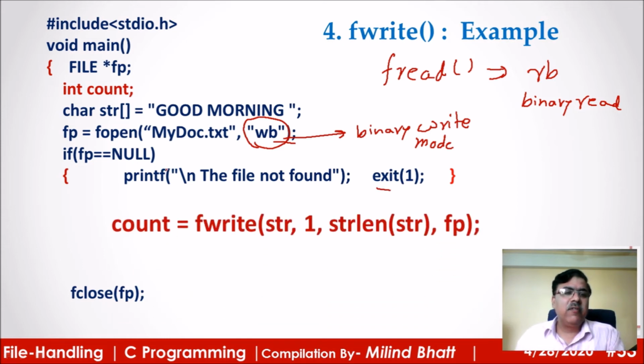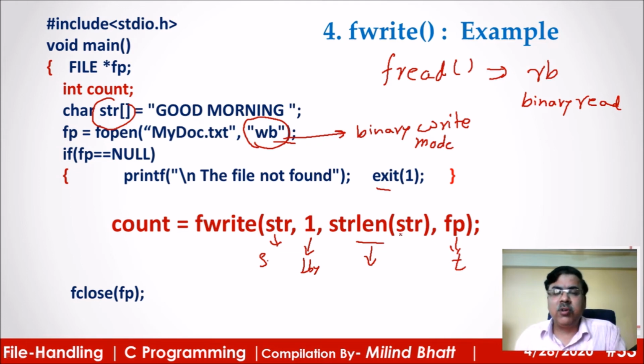Otherwise, what you have to do, you have to write this string to your file. So this is your source, this is your target. How much you have to write at once? This means 1 byte, 1 chunk size, and the overall number of chunks will be defined with the help of the overall length of your string.